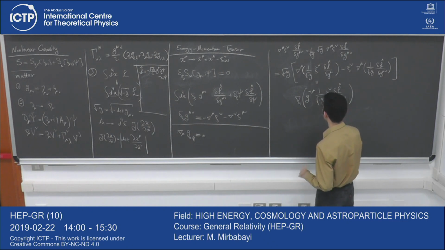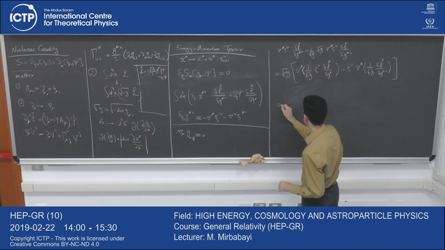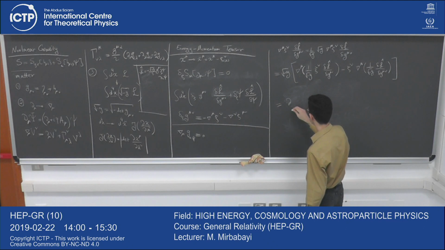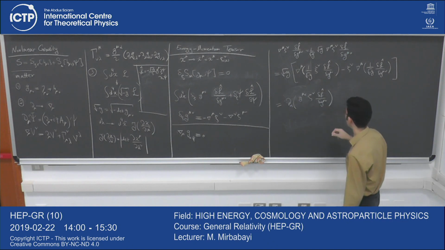If I now write the final answer for this first term, the first term becomes just the alpha of g mu alpha xi nu delta L hat delta g mu nu, and then the second term remains whatever it is.